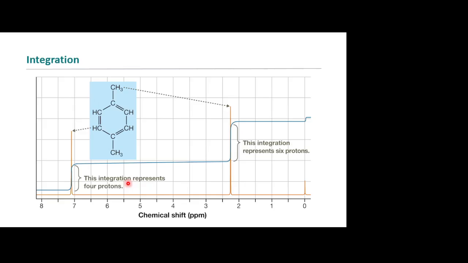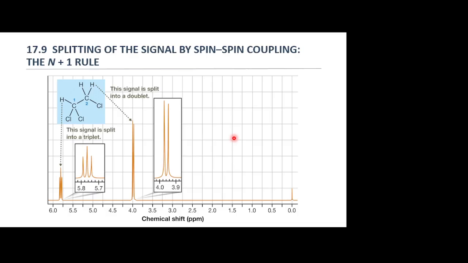Okay, so let's talk about splitting. Splitting is literally where these peaks are going to split. What's happening is that you get a small, tiny amount of change in the chemical environment. It's not enough to significantly change the chemical shifts, just barely enough to be detected.